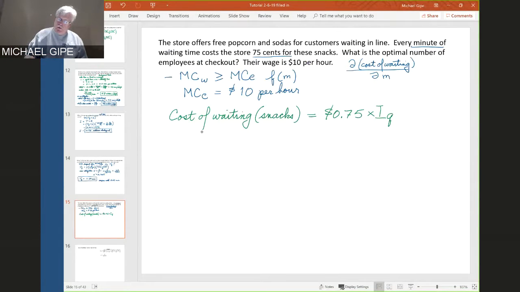That's going to equal 75 cents times the time in the queue times the arrival rate. And we can multiply all this out.